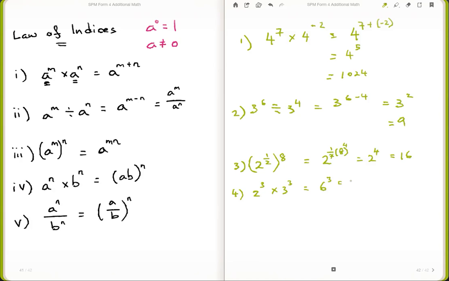You get the answer, which should be the same as 8 times 27. If you get a calculator, you are supposed to tell that this number would be equal to 216. 8 times 27, 216.